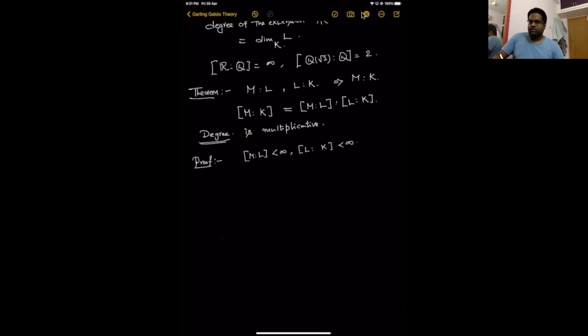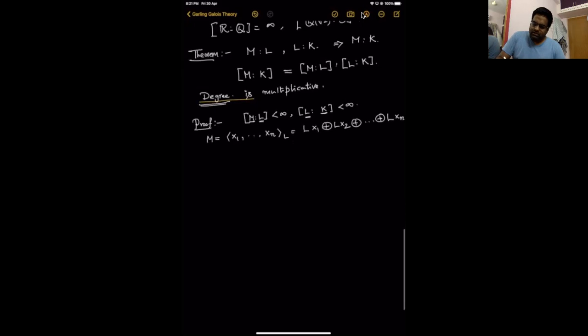That means M considered as a vector space over L is finite dimensional, and similarly the vector space L over K. So let x1 up to xn be a basis of M over L. That is, every element can be written as a unique linear combination of elements x1 up to xn.